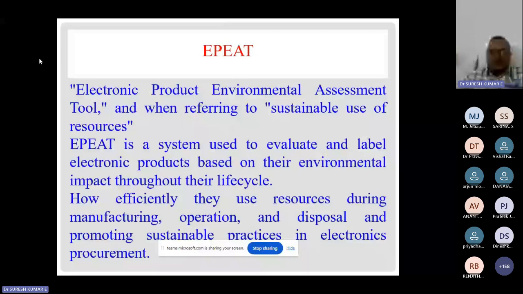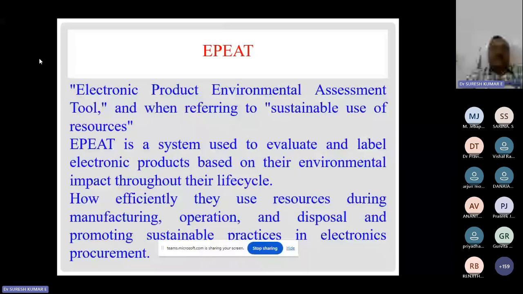Whereas European countries are strictly demanding the EPEAT standard. That is, environmental assessment should be made. Accordingly, they will grade gold marked, silver marked, and bronze electronic products, that is grade 1, grade 2, and grade 3.